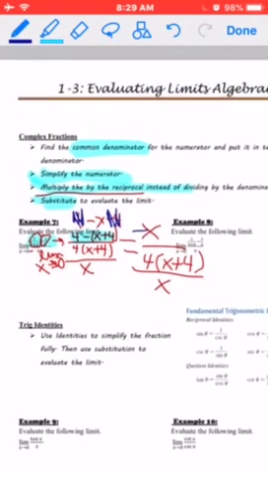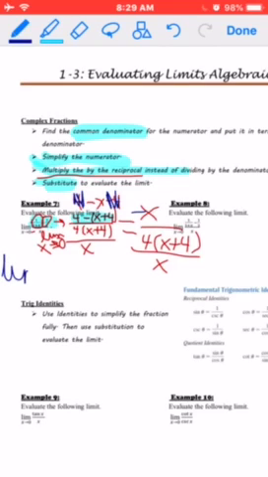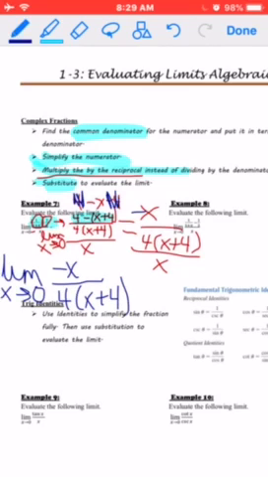Okay, so now we're at the limit as x approaches 0 of negative x over 4 times x plus 4. And now we're going to times by the reciprocal here, which is times 1 over x, instead of dividing the whole fraction by x. So instead of dividing by x, I mean that times 1 over x.